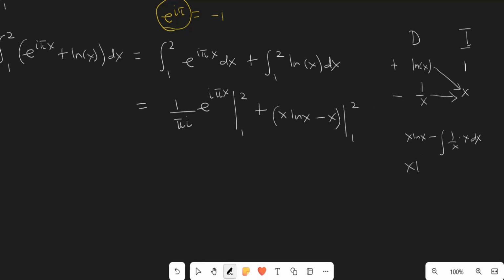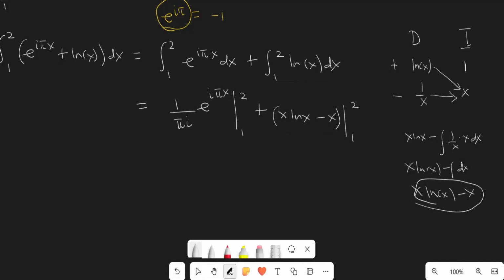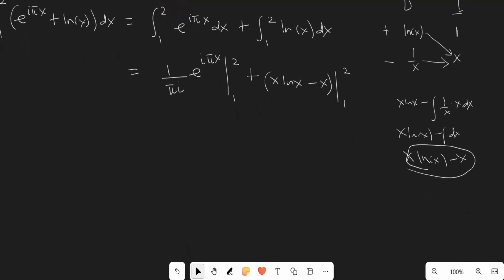So that is really x ln of x minus the integral of 1 dx, which is x ln of x minus x. So if we integrate ln of x, we are going to get x ln of x minus x. That is what we have here. This is just for the purpose of illustration. Okay, so this is how this one can be broken down.